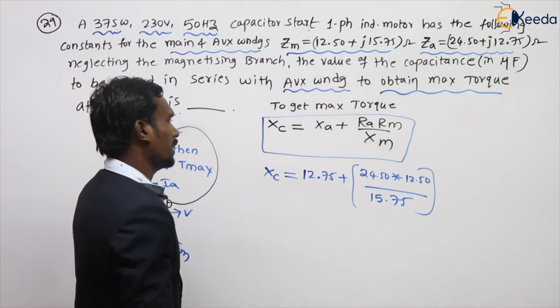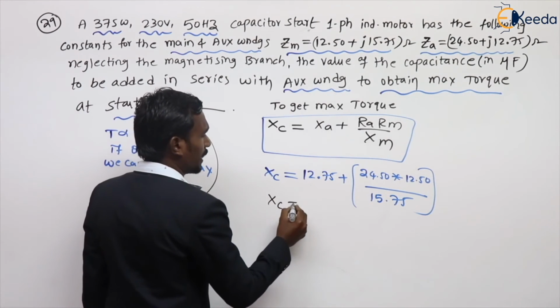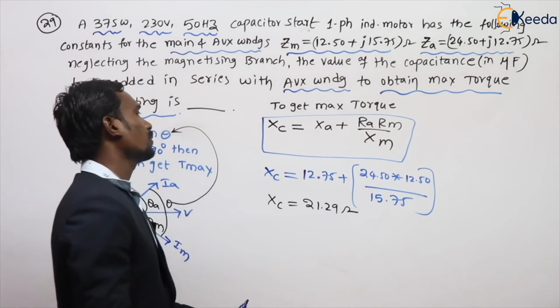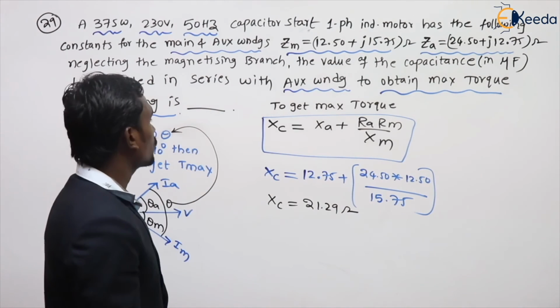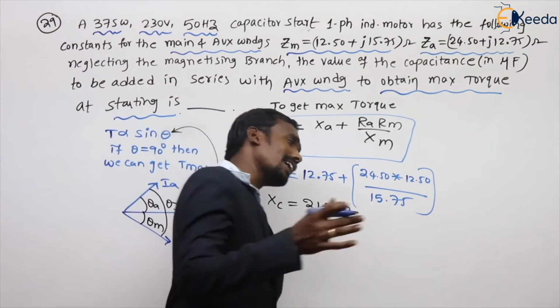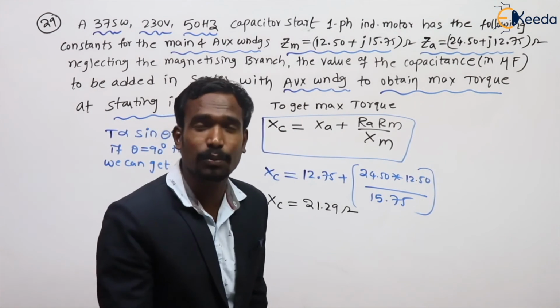If you solve this, you can get XC equal to 21.29 ohms. This is the capacitive reactance we have to add to get the maximum torque.